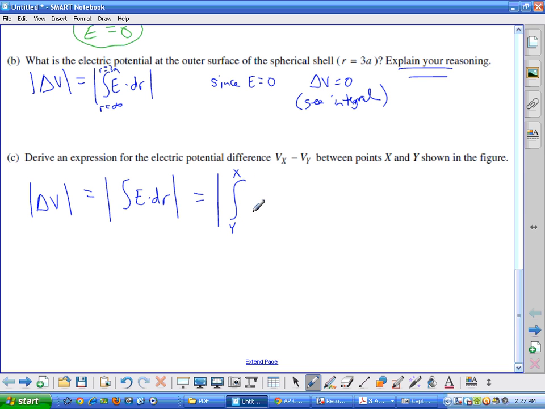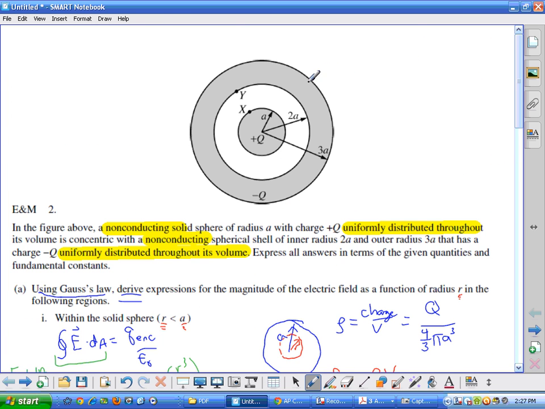Doesn't matter if we go x to y or y to x. It's really going to be the same thing. So, in fact, I should use the values of r for those. I'm actually going to go from x to y, but we'll look at this in a second. So I'm going to go from r equals, again, if I look back at this, it's r equals a to r equals 2a.